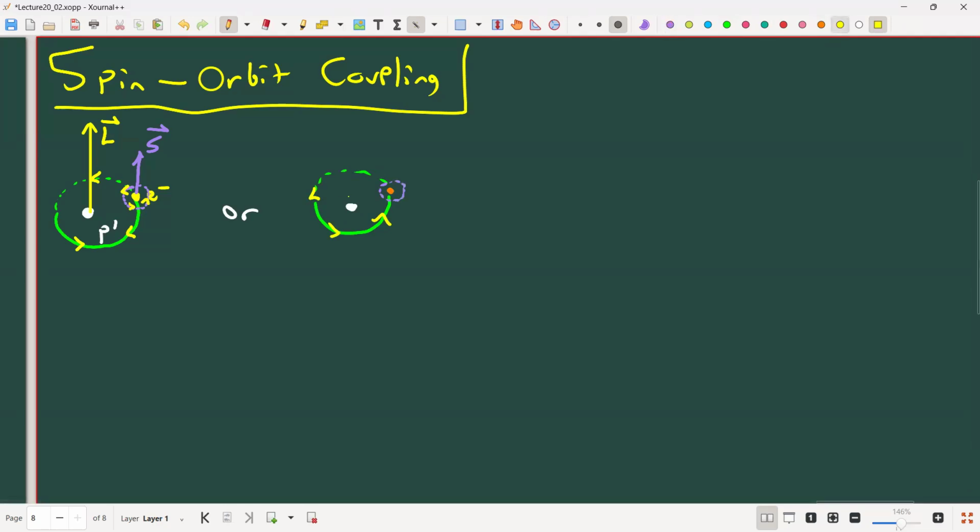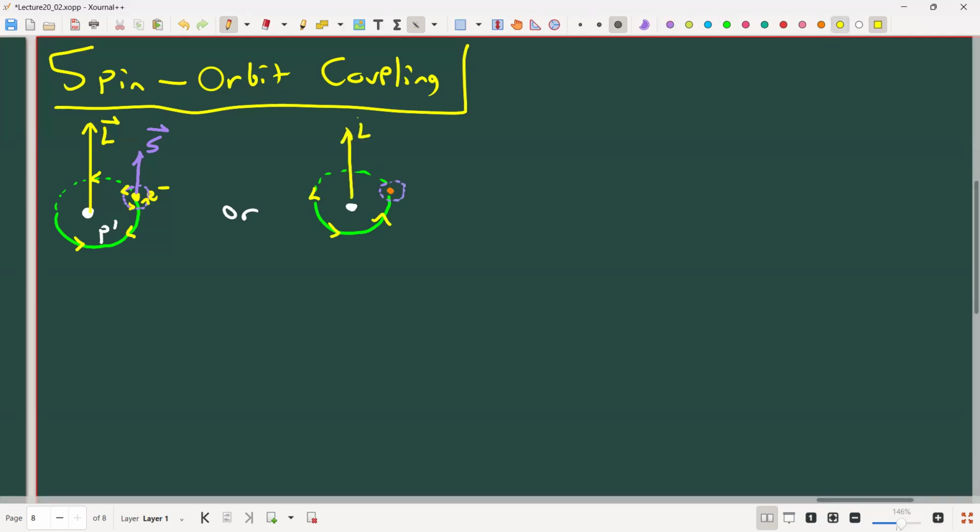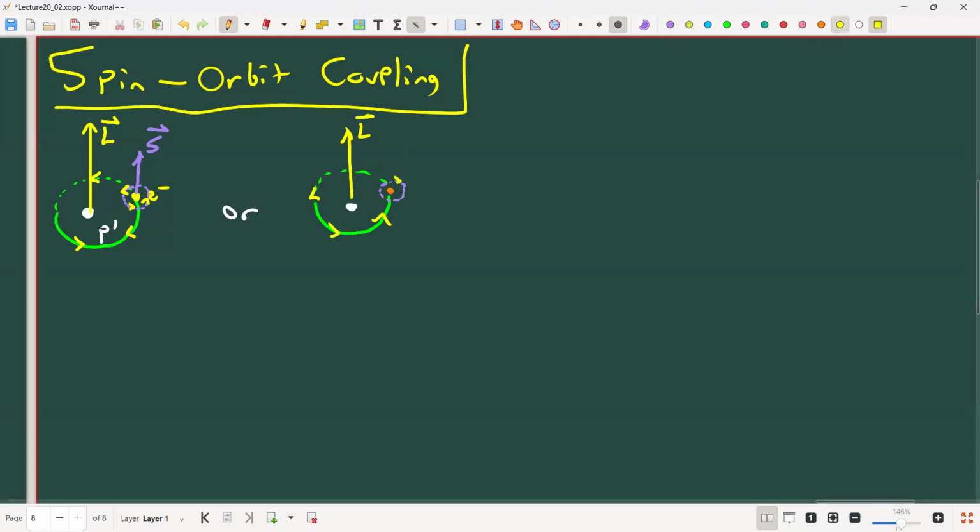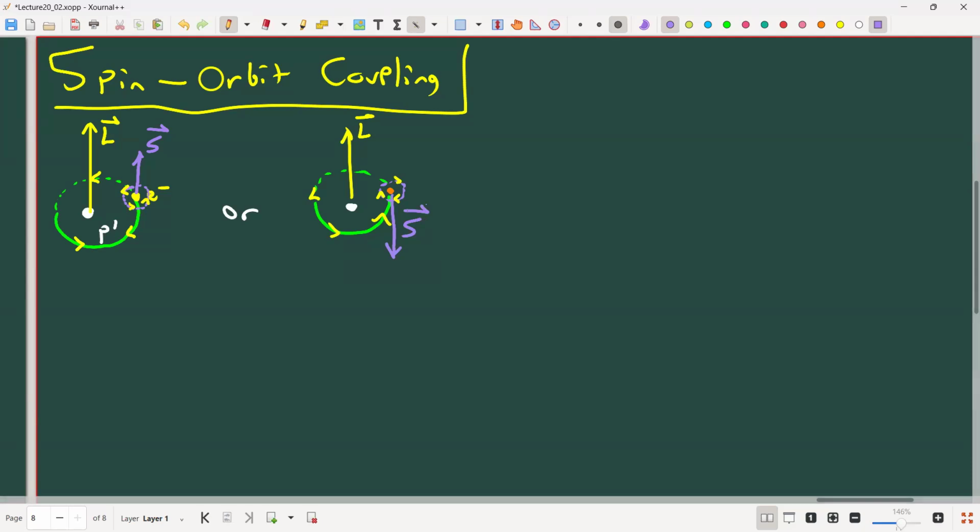So I have L in the up direction. But I could have spin in a clockwise direction, right? I could have the electron moving in the opposite direction, which would mean that its spin vector is pointing in the opposite direction of the angular momentum.